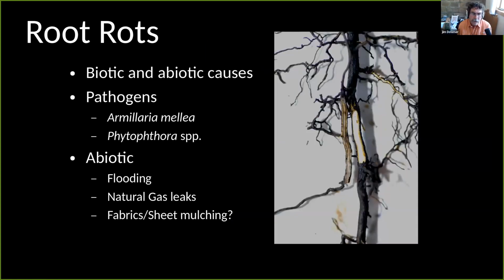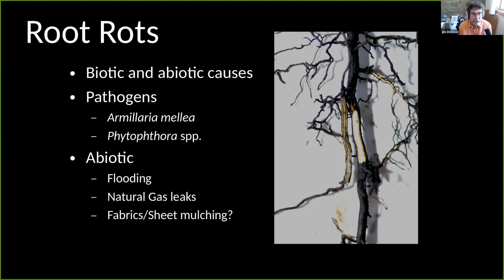Now, root rots are a big category. They're the thing I tend to see the most killing trees. And we have to be cognizant, as I said, that disease can occur on any part of a tree, from the flowers and fruit to the root tips. And when disease occurs on roots, if it's particularly virulent or conditions are really favoring the progress of the disease, then the host, the tree, can really suffer.